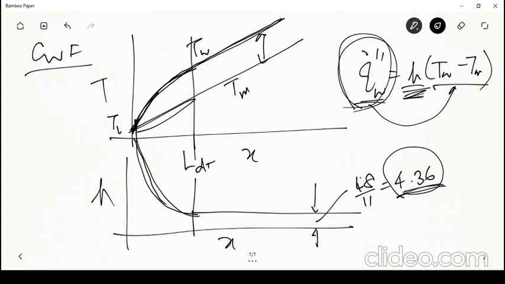But it will have a constant h so long as the flow through the duct is laminar, and the flow becomes fully developed after a certain distance, where the two boundary layers have met. So the only characteristic that you can specifically say about thermally fully developed flows is that it has a constant heat transfer coefficient h.